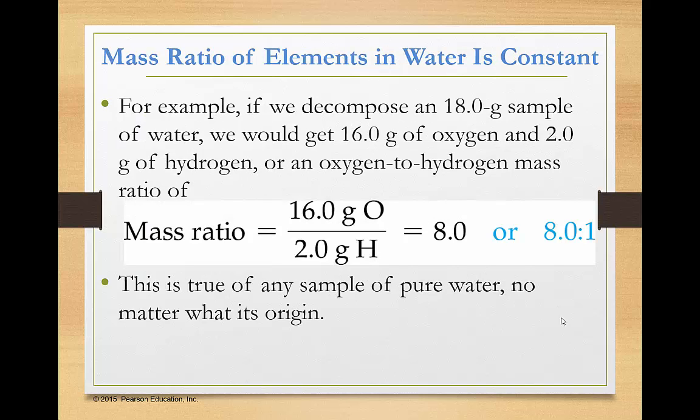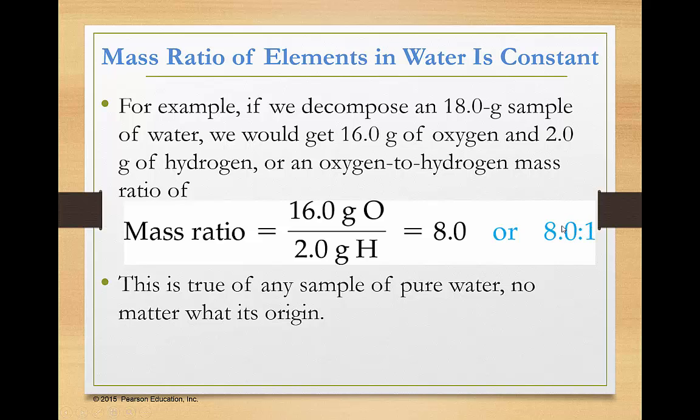So for example, if we took a sample of water that weighed 18 grams, and we'll see later why 18 grams in a later chapter, but 18 grams is a good one to start with for water. If we broke it down, we would get 16 grams of oxygen and 2 grams of hydrogen. So if we look at the oxygen to hydrogen mass ratio, the 16 grams of oxygen per every 2 grams of hydrogen gives us a ratio of 8 to 1.